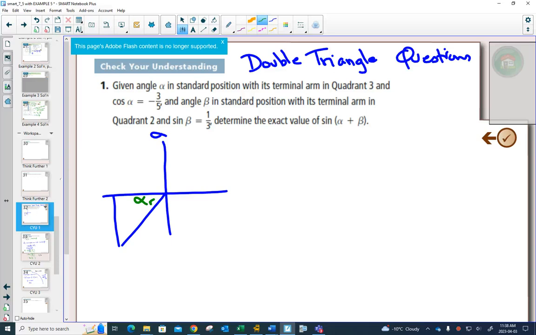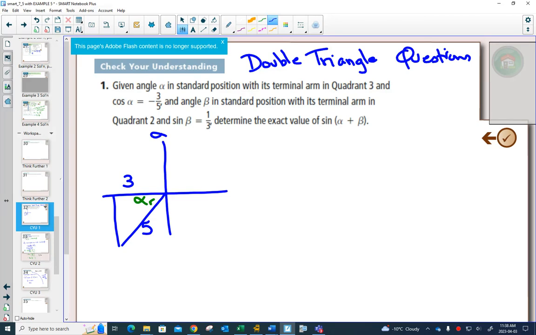When you have your reference angle, we know that cos of alpha is negative 3/5. That would mean we can label adjacent over hypotenuse as 3/5. Even though cos of alpha is negative 3/5, for me personally, I like to label all my sides as positive numbers.